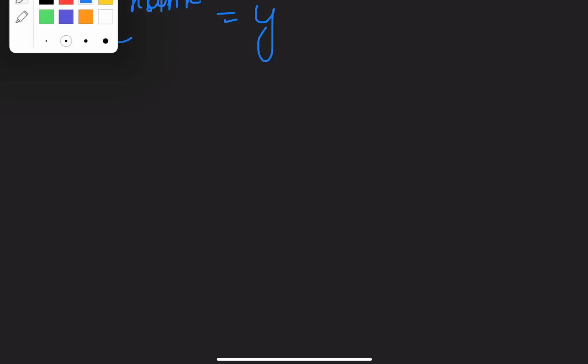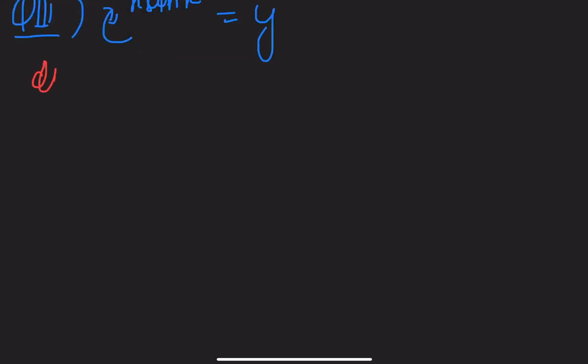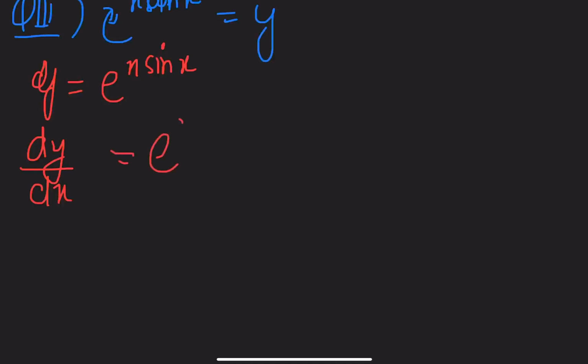So let's use the chain rule and write y is equal to e to the power x sine x. Okay, x sine x is in the power, so dy by dx is e to the power x sine x as it is. The derivative of e to the power x sine x is e to the power x sine x, since the exponential function has the same derivative, into the derivative of x sine x, because x sine x is not a standard function.